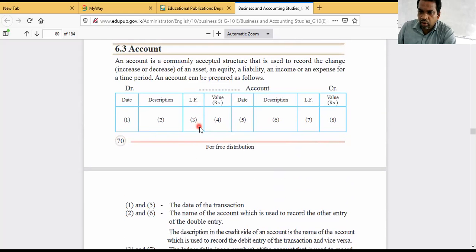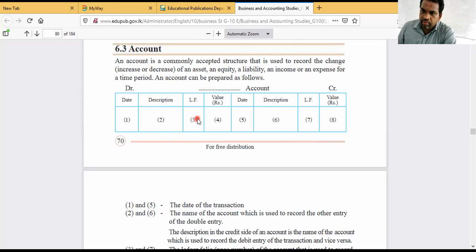Number 3 is the ledger folio of the debit side, and number 7 the ledger folio column of the credit side. We maintain this column to record the place where we record the opposite entry related to the business transaction. The ledger folio column is not important, but you should know the meaning of it.